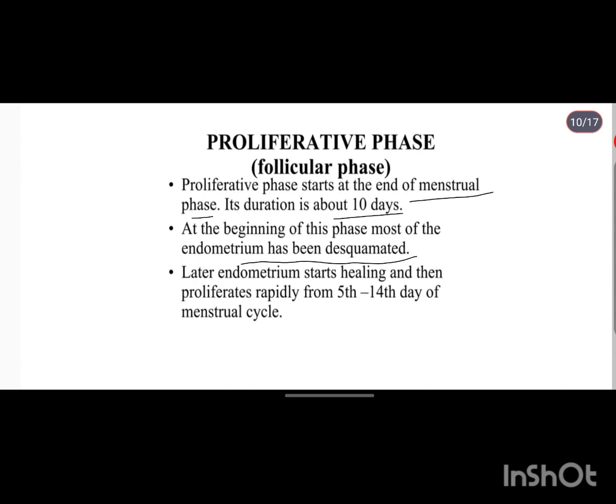Now it starts to heal, and then it proliferates rapidly from the 5th to the 14th day of the menstrual cycle. So the shedding of the endometrium occurred in the previous menstrual phase; now, in this proliferative phase, the endometrium starts healing itself and then rapidly proliferates from the 5th to the 14th day of the menstrual cycle.